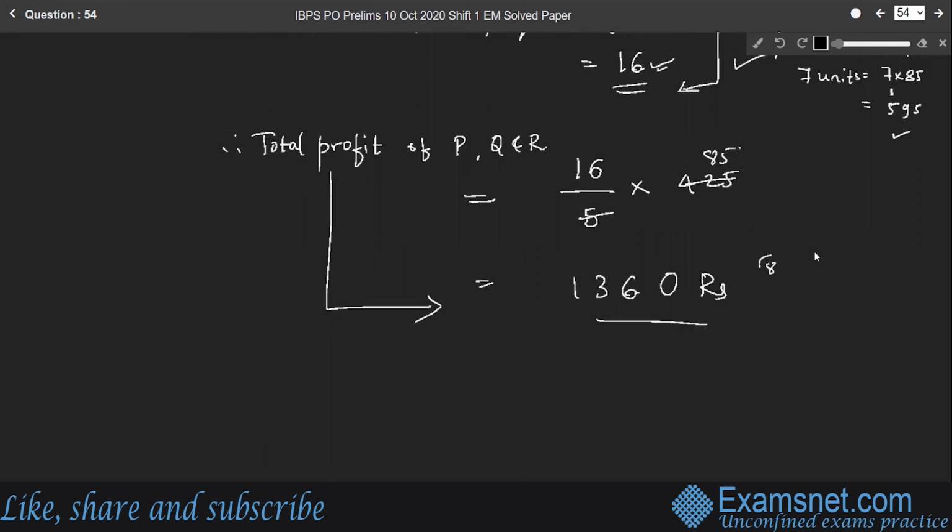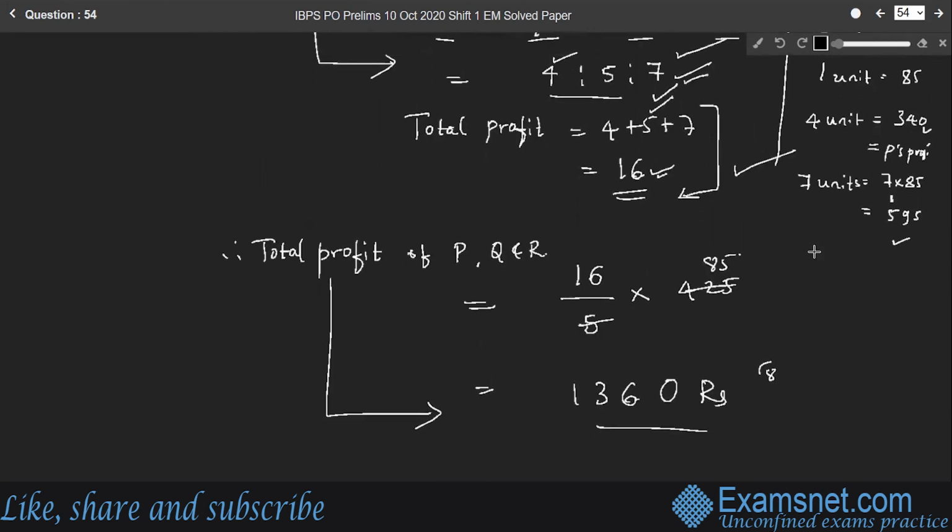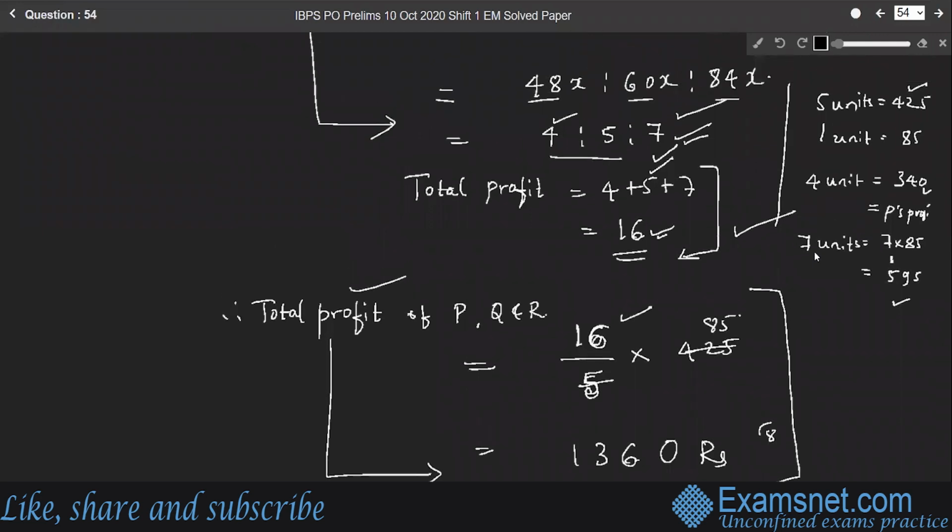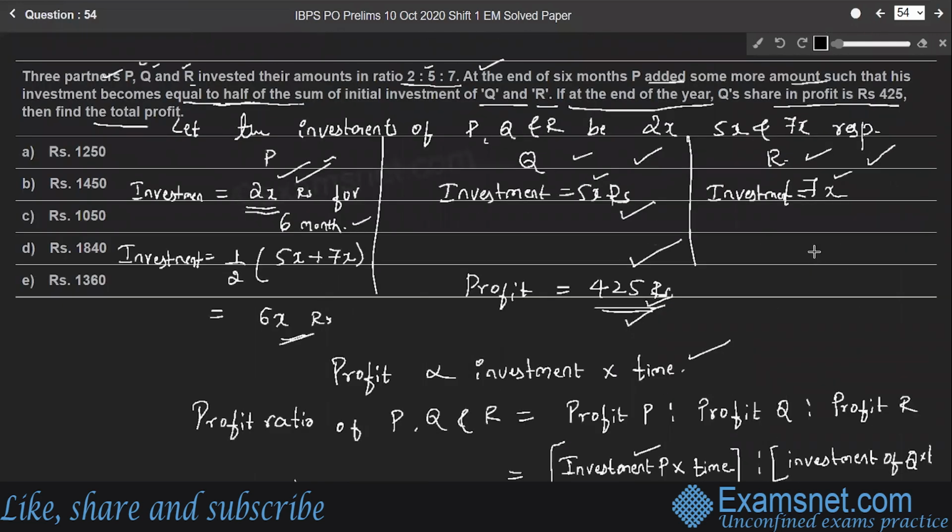So both ways you can calculate the total profit. The easiest method is this one: if 5 is Q's profit, 16 will be the total profit. If 425 is Q's profit, what is the total profit? Therefore, 1,360 rupees is the answer. Option E is the right answer.